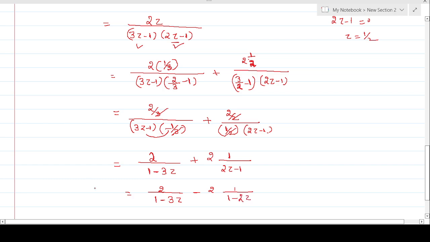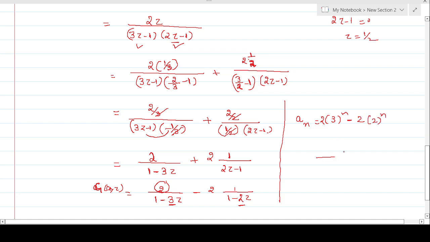So this is actually the generating function. But if we want to write the sequence from this, then the corresponding sequence is: this number is 2, write this 2, then for this write 3 raised to the power n minus 2. And for this number you write 2 raised to the power n.